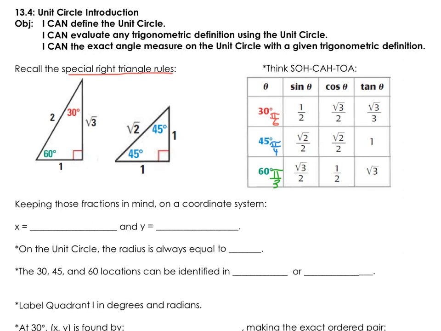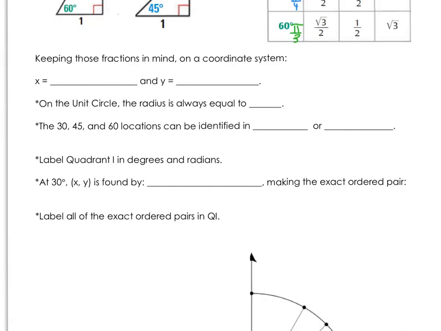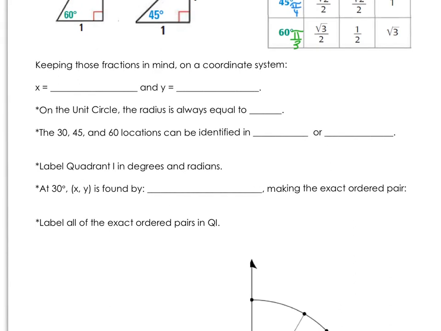We're going to utilize these specific measures for sine, cosine, and tangent in all four quadrants, creating what's called the unit circle. When we think about how we define sine and cosine on the unit circle, remember from 13.3, the x value is related to the cosine function, and the y value is related to the sine function.